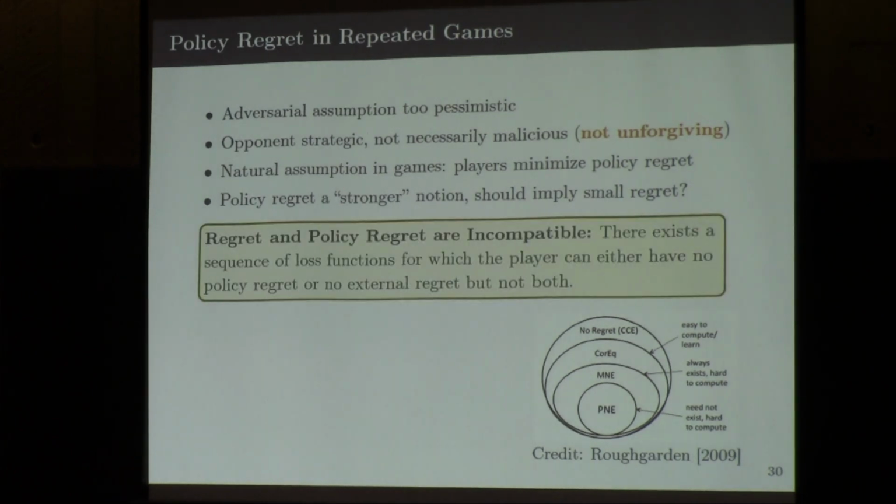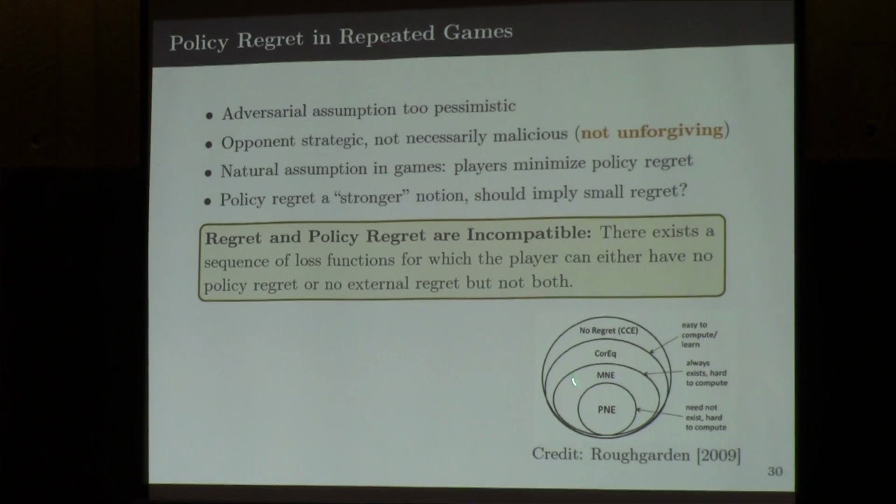Okay? So our first result is that these are actually somewhat incompatible. There exist sequences of loss functions for which the player can have either zero policy regret or zero external regret. It cannot have both be small for that given sequence of loss functions. And so they are somewhat incompatible.